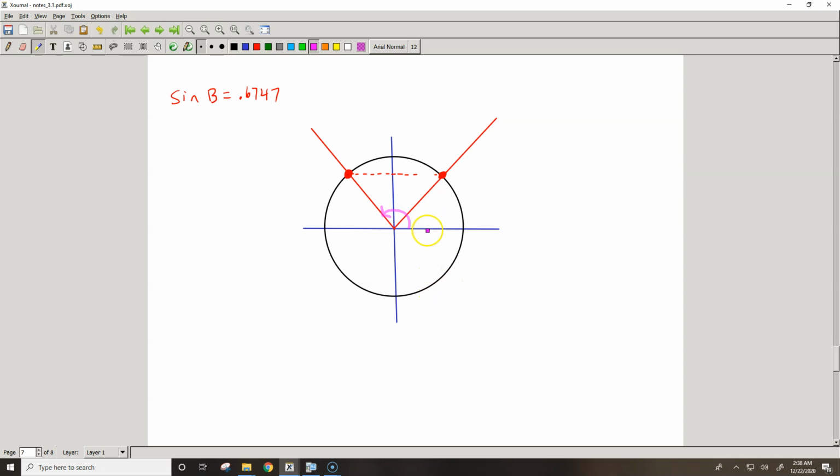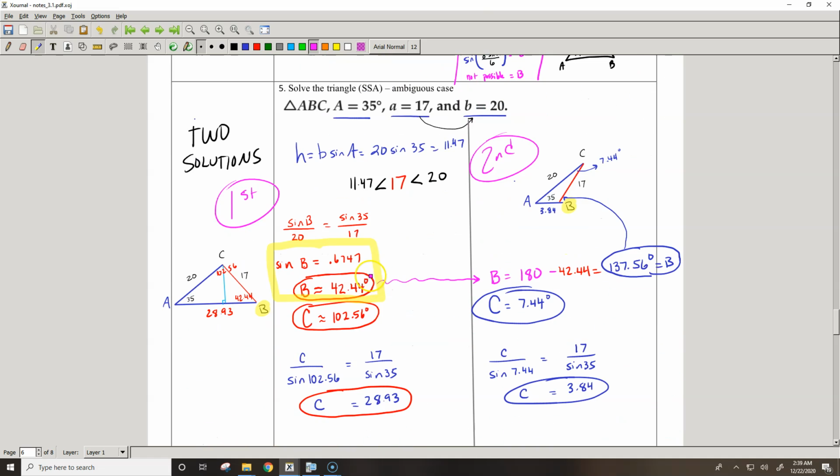There's two answers here. So make this connection. That's why in this problem, this is the point where we can break off and make a second solution, because sine of B equals 0.6747. There can be two answers to that problem right there.